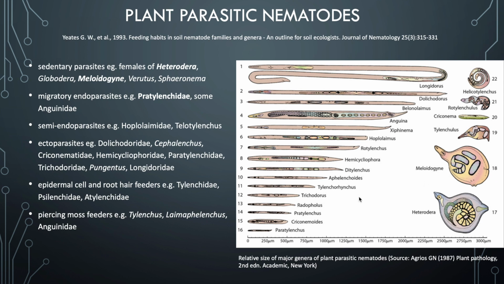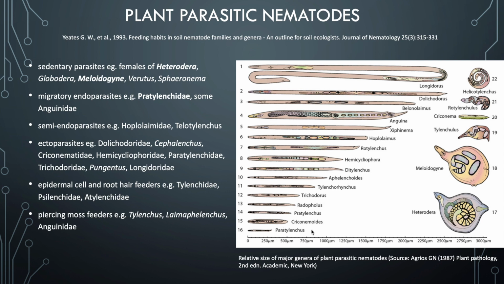And this beautiful diagram here on the right just shows the relative sizes of the major genera of the plant parasitic nematodes. And the ones we'll focus on in particular are the Heterodera as well as Meloidogyne. And these actually are cyst nematodes. So they form cysts and they do not look like all the other nematodes, as you can see here. And what is noteworthy is the differences in size in the different nematodes.